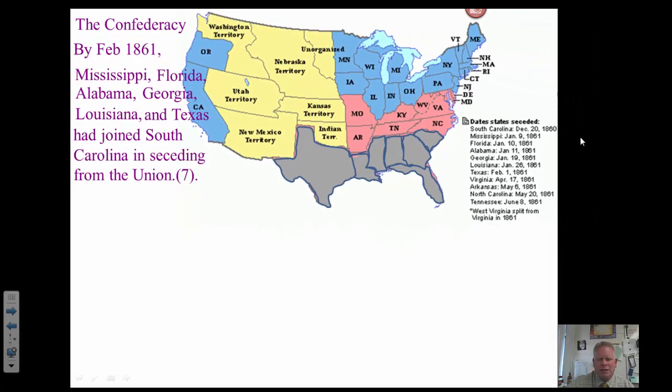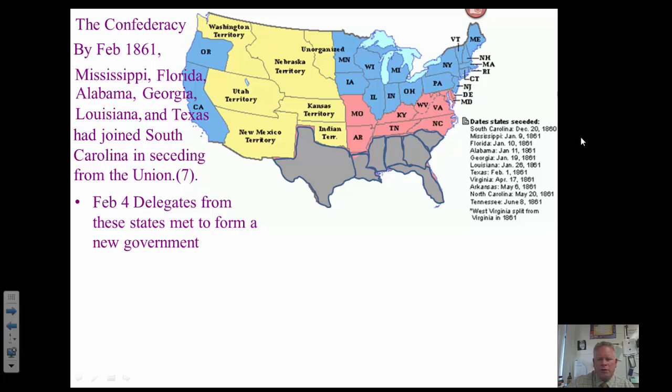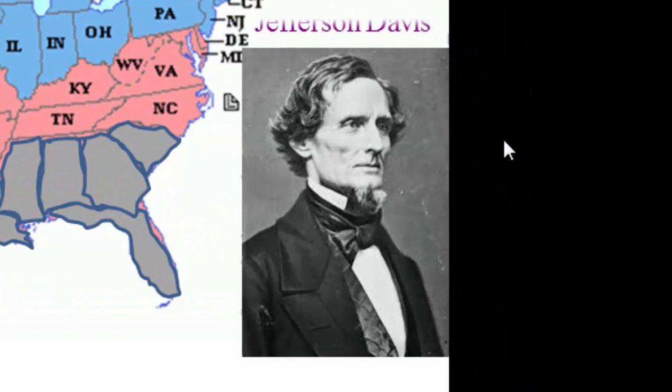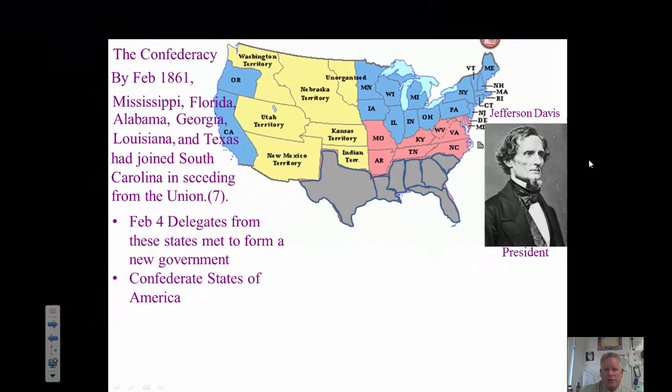Now, these seven states got delegates together and formed a new government, and they called their new government the Confederate States of America. They elected Jefferson Davis as their president, and he was, before the country split, a senator from Mississippi.